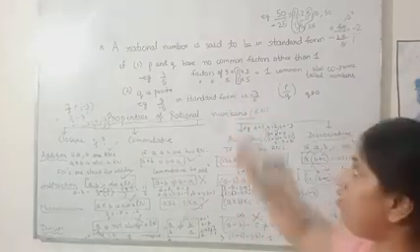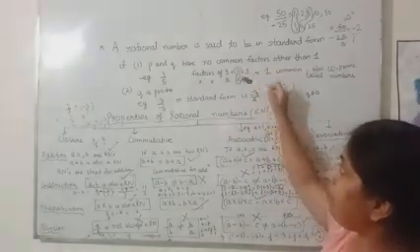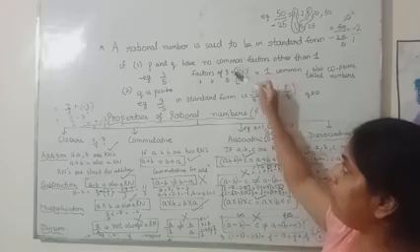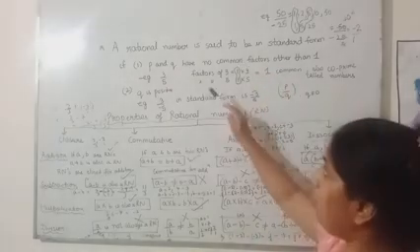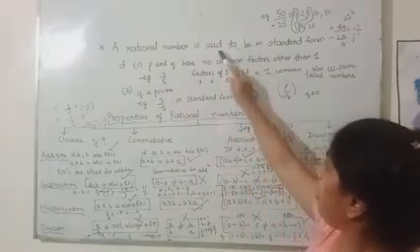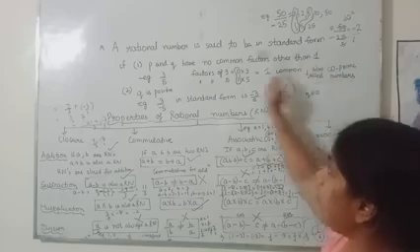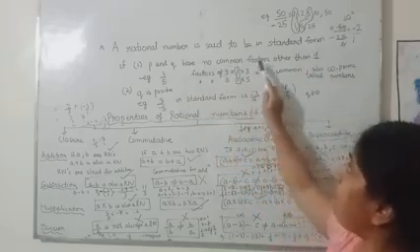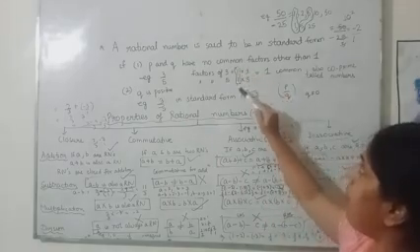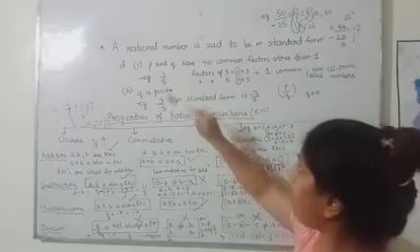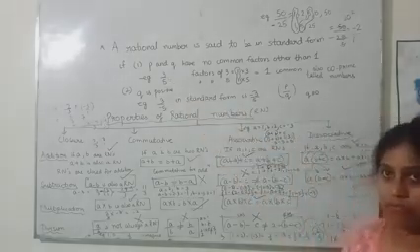So we can see that in both, only 1 is the common factor. A rational number is said to be in the standard form if p and q have no common factors other than 1. Only 1 is the common factor here, so 3 upon 5 is in the standard form.